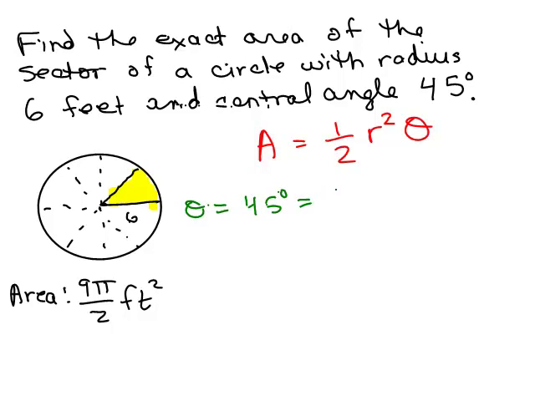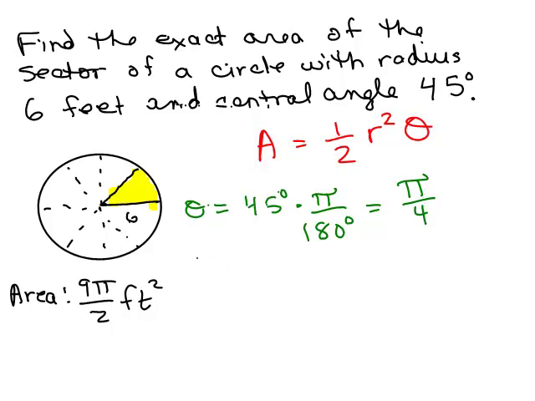Now some of you may know what that is already, which is fine, but if you forget, remember you could multiply by pi over 180 degrees, and if you cancel the degrees and divide the top and bottom by 45, or first by 5 and then by 9, however you want to do it, that's pi over 4. So theta is pi over 4. In other words, 45 degrees is the same as pi over 4.